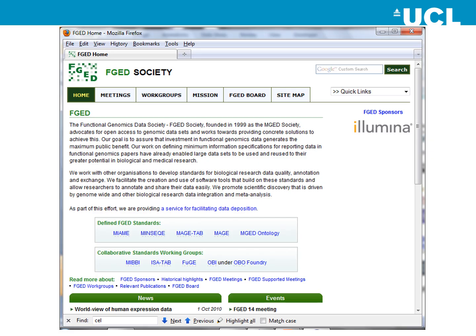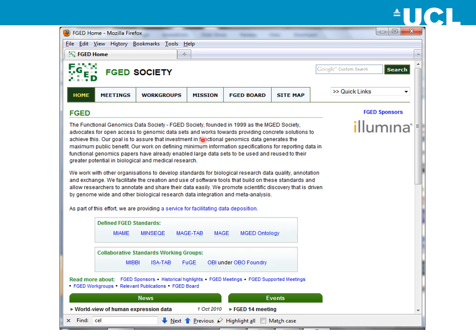All of this complex data representation was initially tackled by a society which grew up around 1999, at the same time as the Golub paper was being produced.